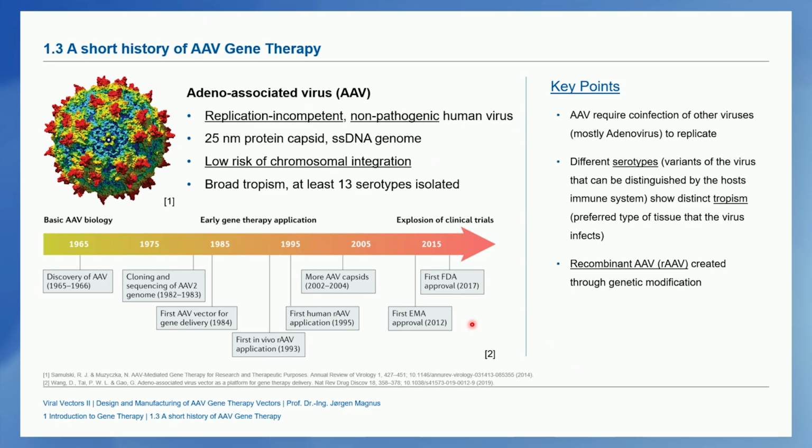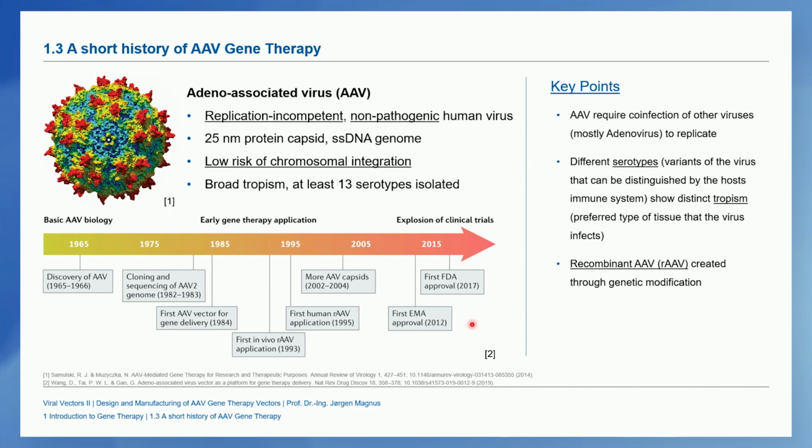So just a quick look at how the adeno-associated viruses are constructed. These are replication-incompetent viruses, which means that they cannot reproduce without the help of the so-called helper functions that can be provided by an adenovirus. And this is why they're called adeno-associated virus, because they were discovered next to adenovirus, which are much larger viruses.